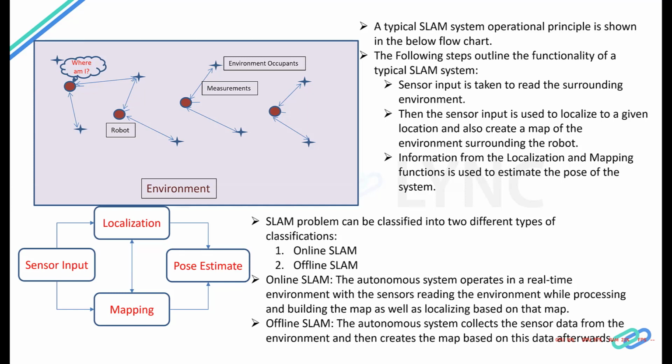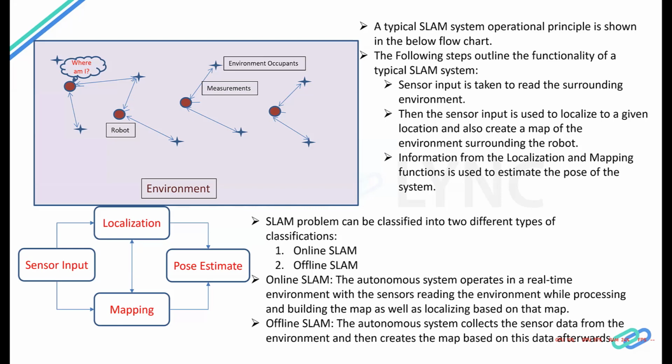Okay, so now you have the map that is constructed around yourself and the localization function that is trying to estimate the best possible position of the robot, and that function is done by the SLAM algorithm. As you can see, the bottom flow chart is a simplified version of a localization and mapping algorithm. So basically you have a sensor input, you're taking it into localization and mapping functions.